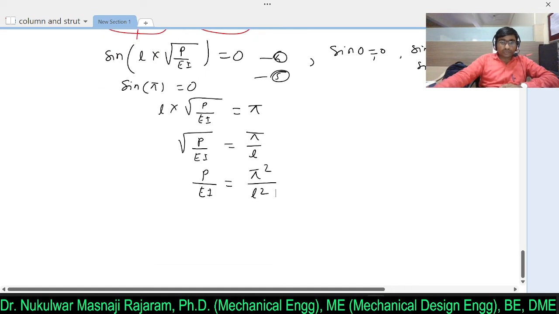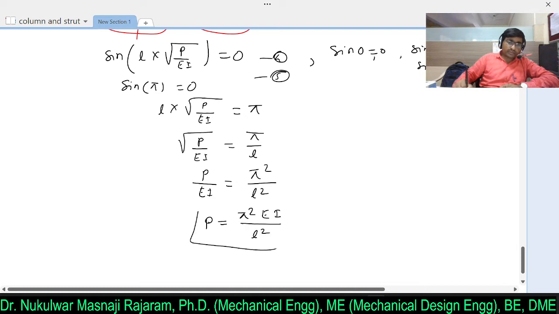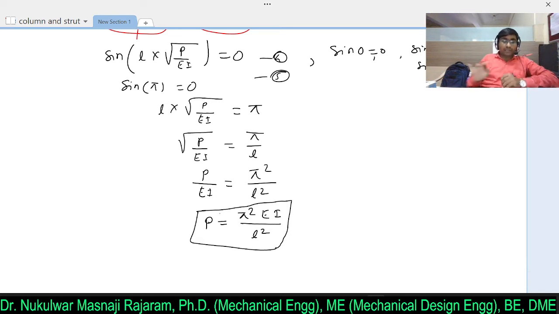Simple. So if I want to evaluate the crippling load, P is nothing but the buckling load or crippling load, then I will get the formula pi square EI divided by L square. So this is nothing but Euler's formula to evaluate or to get the crippling load.